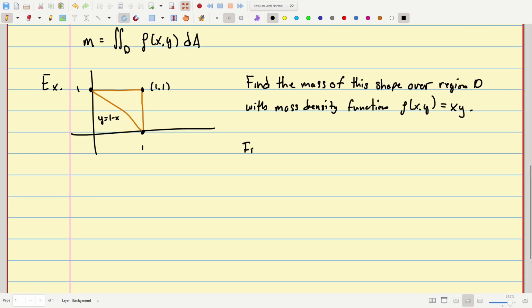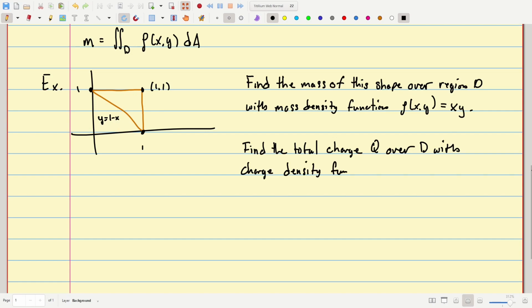The other version of this problem is an E&M problem, which is: find the total charge Q over D with charge density function sigma equals xy, and this is a lowercase sigma.